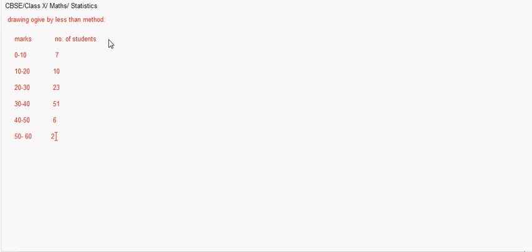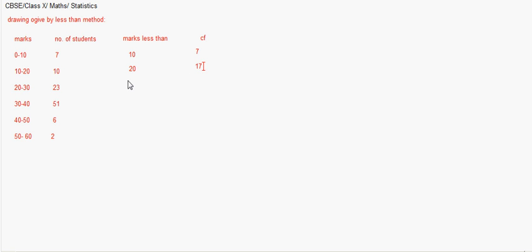Now we have to make this data into a data which only informs on marks less than, because we are trying to frame the ogive under the less than method. So less than 10, what will be the mark? Less than 10 will actually be the cumulative frequency. Less than 10, there will be 7 students. Then less than 20 will be 7 plus 10, that is 17.